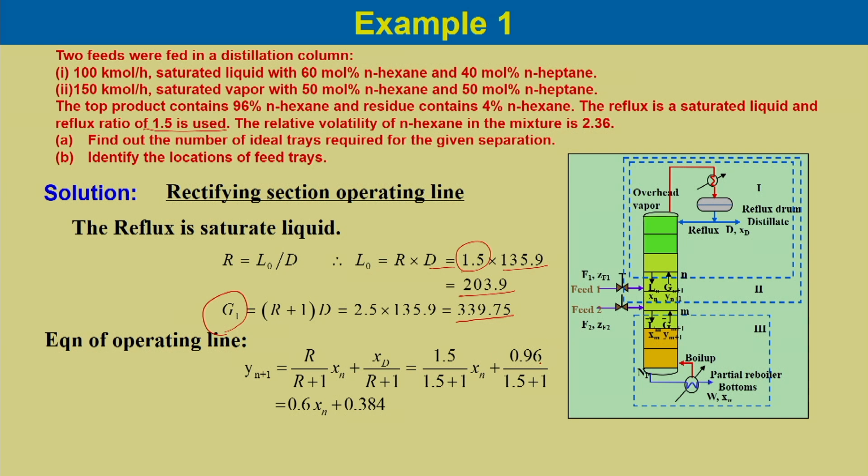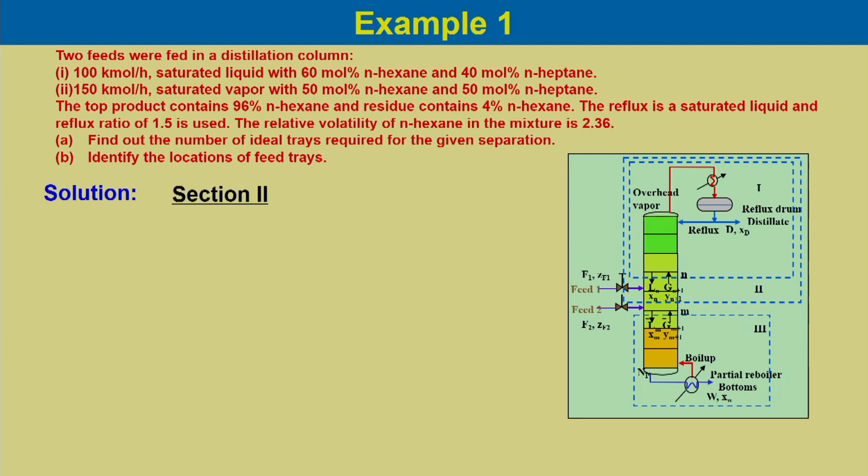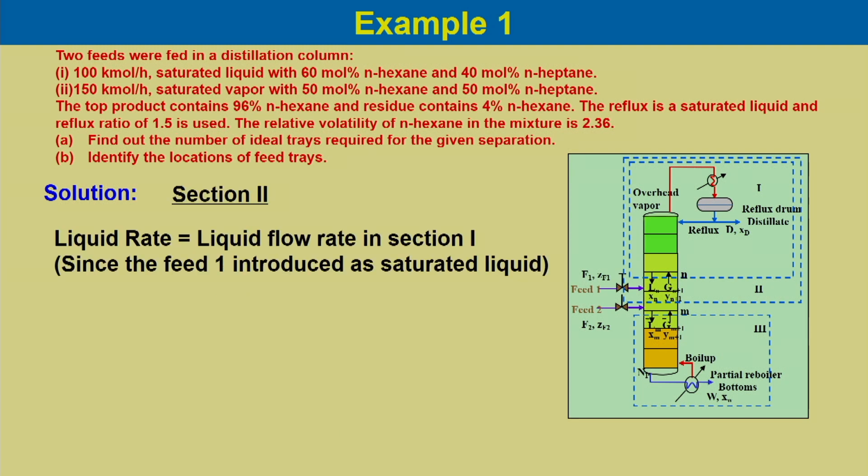Finally, we get Yn plus 1 equal to 0.6 Xn plus 0.384, which is the operating line in the rectifying section. Now, for section 2, the liquid rate would be equal to the liquid rate in section 1, since feed 1 is introduced as a saturated liquid.